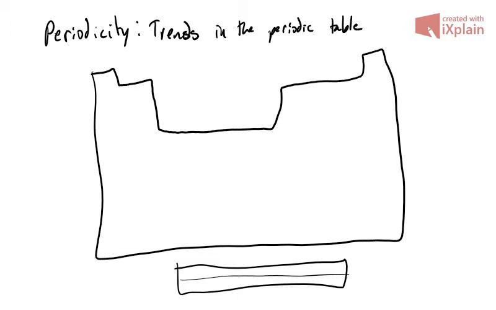The periodic trends that we can find are ones of metallic properties. Okay, so how shiny it is, the size, what else?